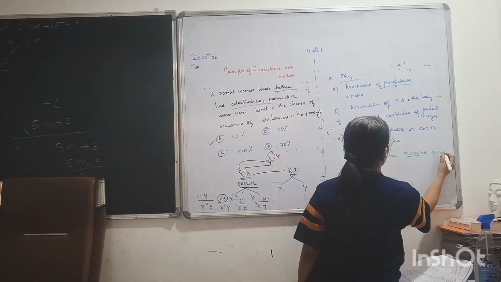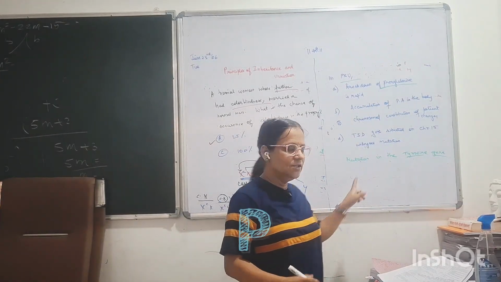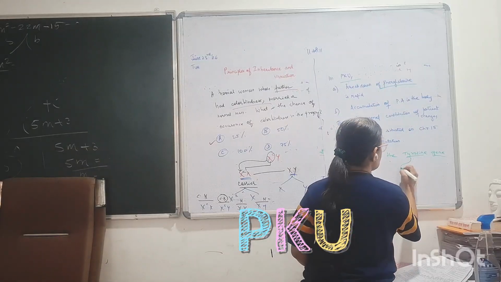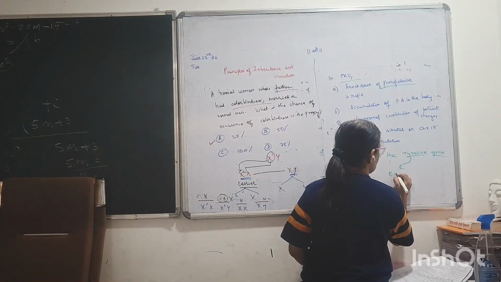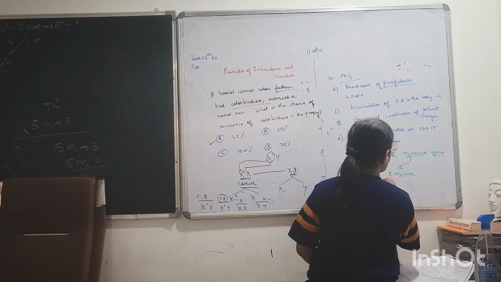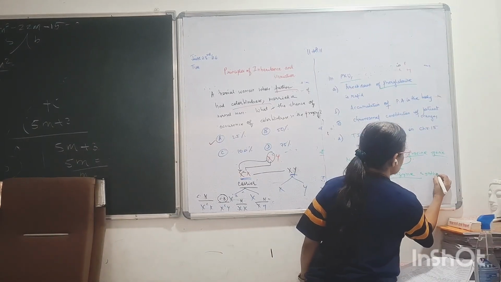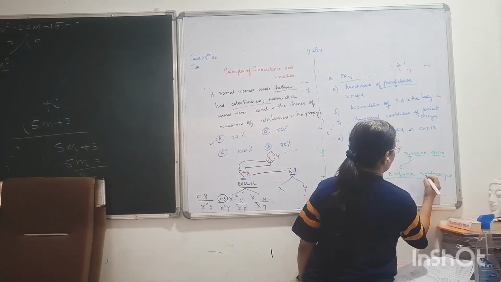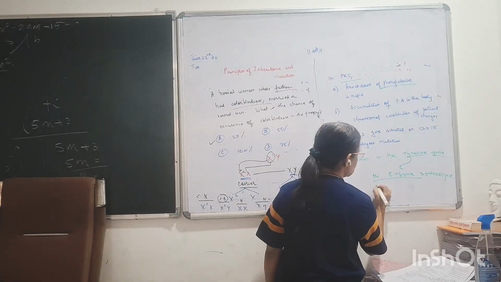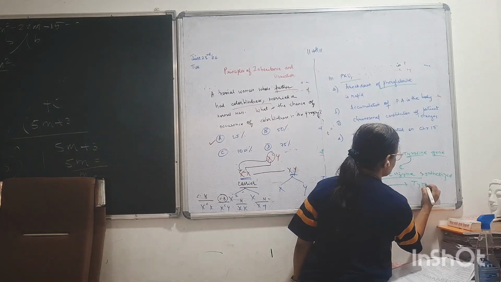What happens is, since there is a mutation in this gene, the enzyme is not synthesized. Which enzyme is not synthesized? The enzyme which will convert phenylalanine to tyrosine.